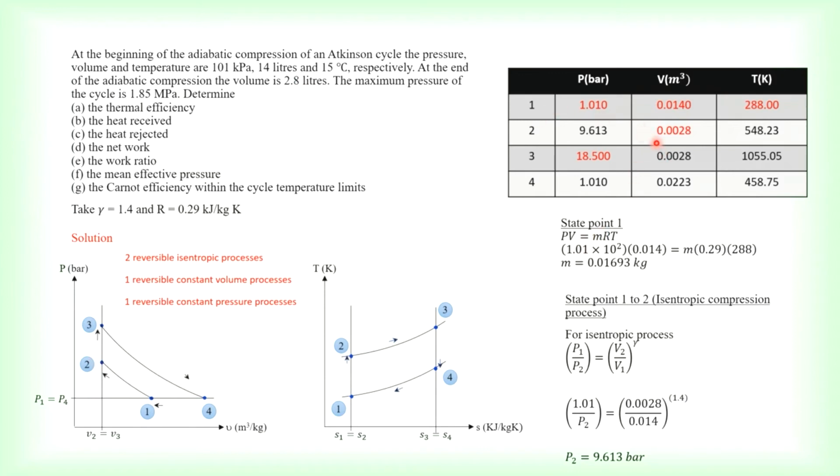So given 2.8 liters, that is equivalent to 0.0028. So based on 1 and 2, which is isentropic compression, you can use the pressure-volume relationship. Now the gamma, if you can work it out, is much better. Otherwise you can consider this as 1.4.